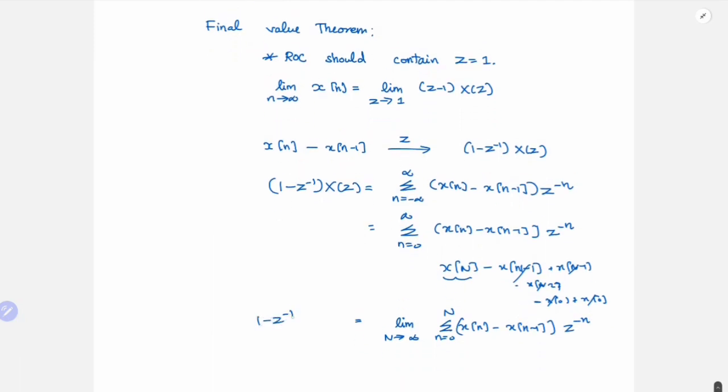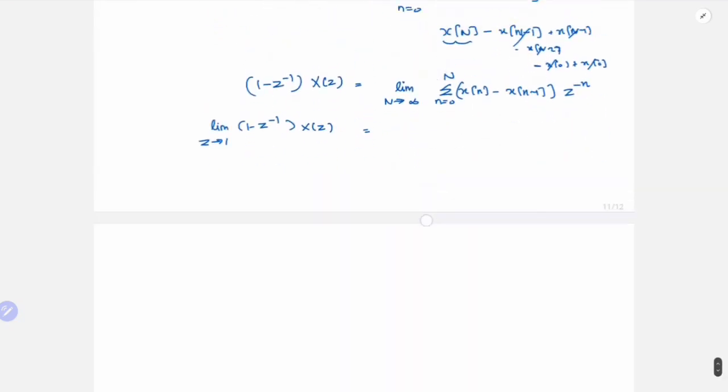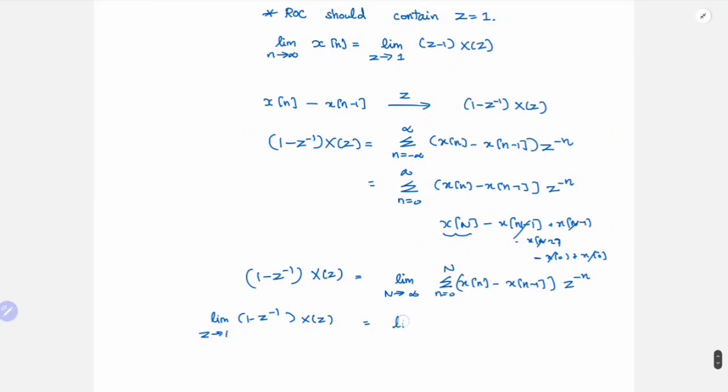On the left hand side, I have 1 minus z inverse x of z. And now I take limit z to 1 of 1 minus z inverse x of z. So this is going to give me limit n tends to infinity; the limit z tends to 1, I can take inside. So summation n equal to 0 to n, x of n minus 1, z power minus n.